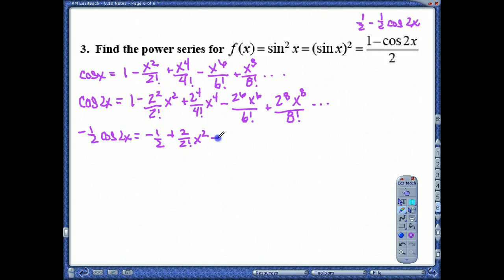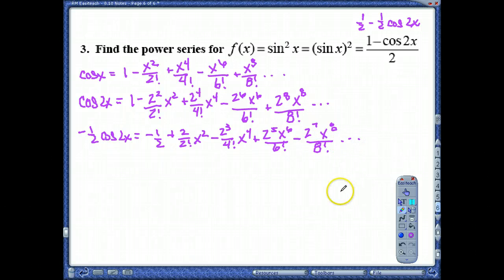So now this one's going to be negative 2 to the 3rd over 4 factorial x to the 4th plus 2 to the 5th x to the 6th over 6 factorial minus 2 to the 7th, I'm sorry, that's annoying, 8 factorial, dot, dot, dot.